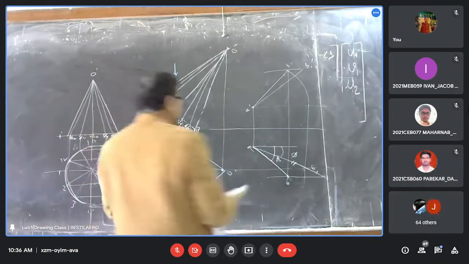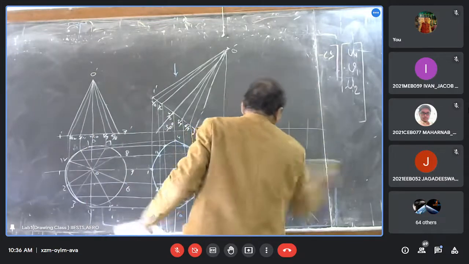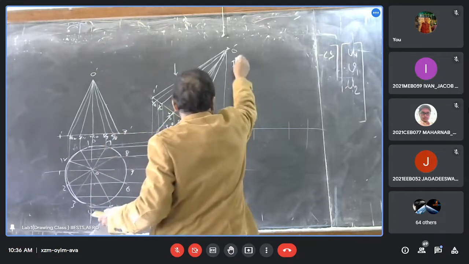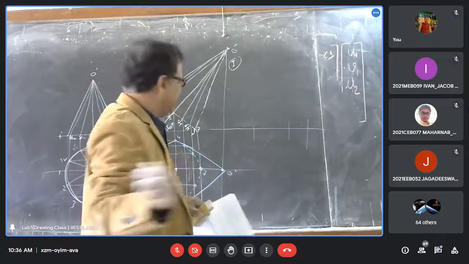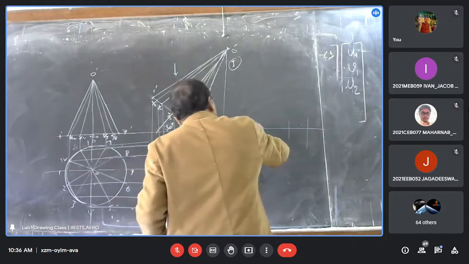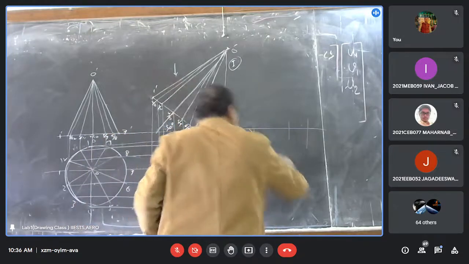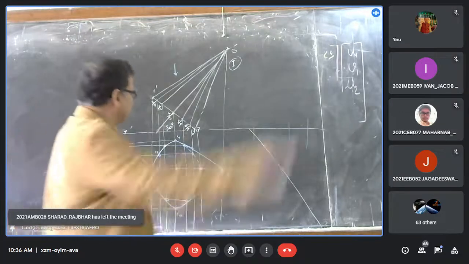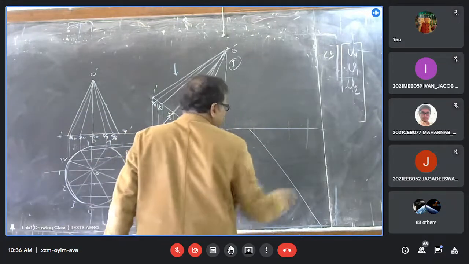How? I am considering part one. This is part one, and the axis is making an angle of how much? 45 degrees. So you first initially draw a 45 degree angle. You just rotate clockwise here. Then the axis making an angle, you just locate.